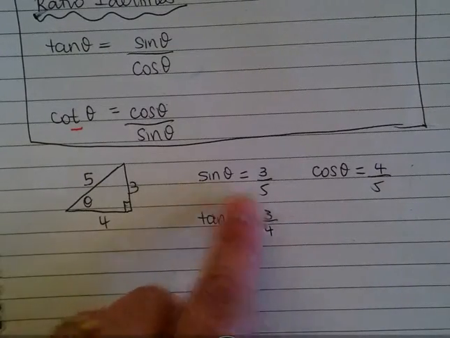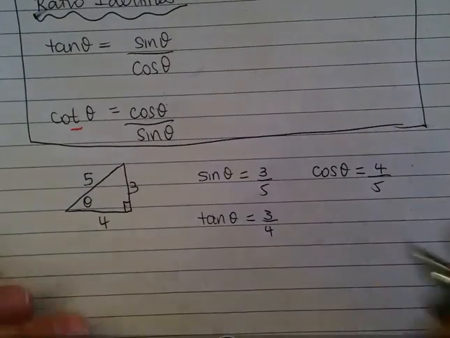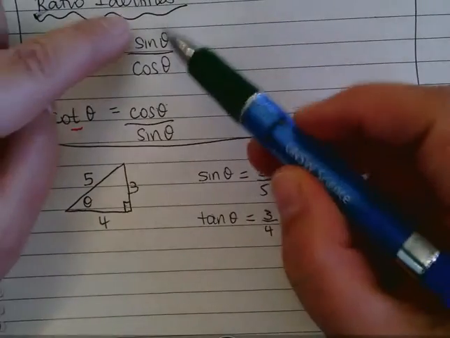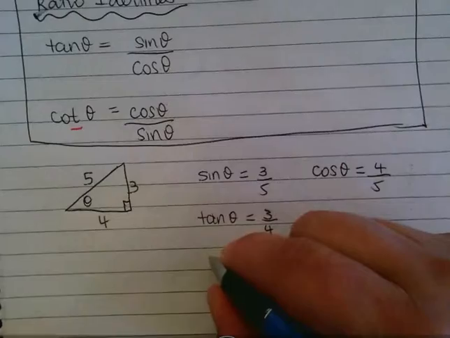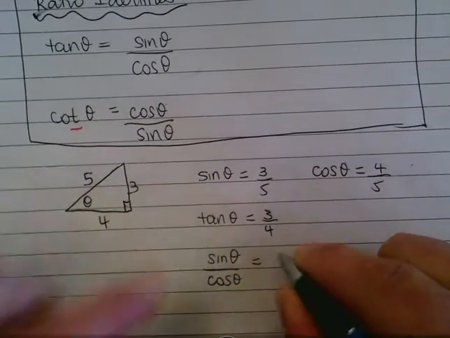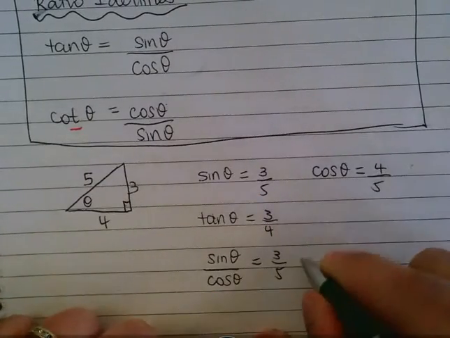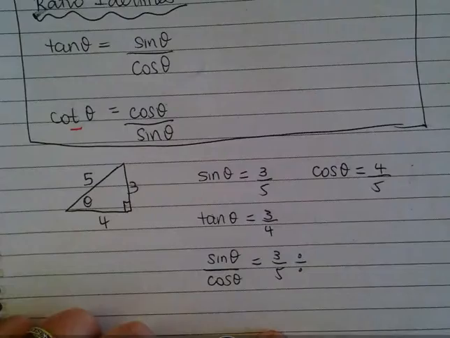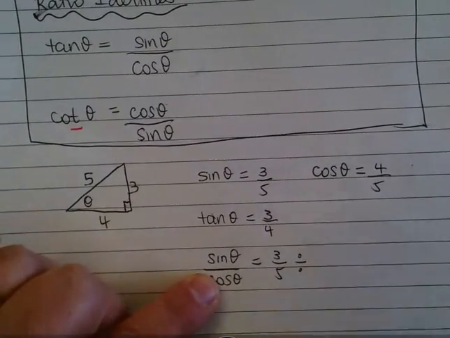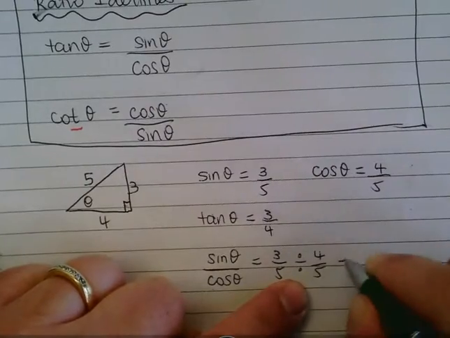Now, I know that tan theta is 3 on 4. That means that sine theta over cos theta should also equal 3 over 4, because I'm trying to show that tan theta is sine theta divided by cos theta. So sine theta divided by cos theta is 3/5 divided by 4/5.